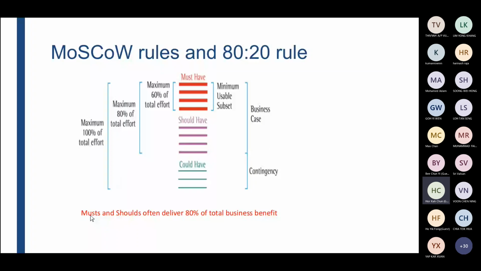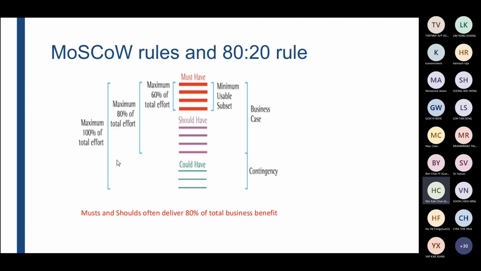So must and should often deliver 80% of total business benefit. That is what we plan and wish to deliver to the customers. The could have, we can always prepare as a backup to make the customer happy.